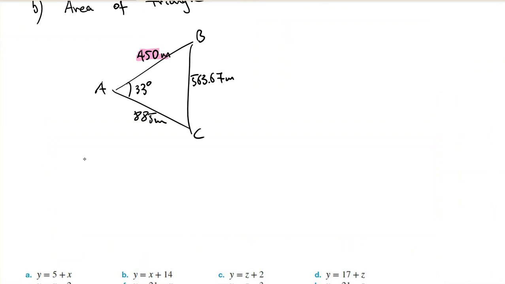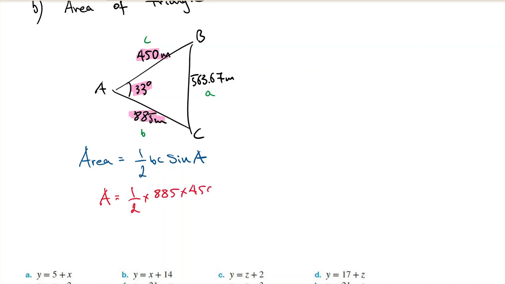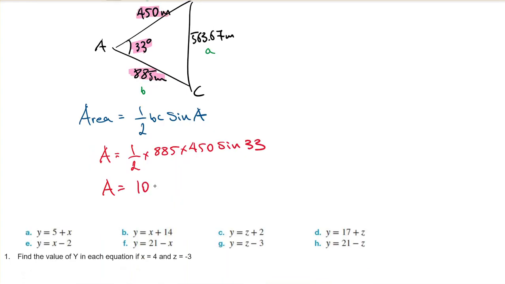So area, a half. This one will be BC sine A. Just remember that's A, that's B, that's C. So then if I plug in my values, a half times 885 times 450 sine 33, and I will get my area as 108,451.25 square meters, but it says to the nearest meter.